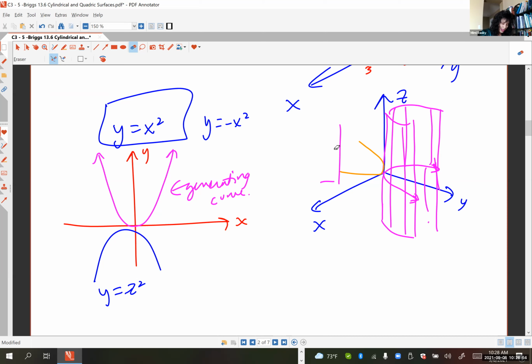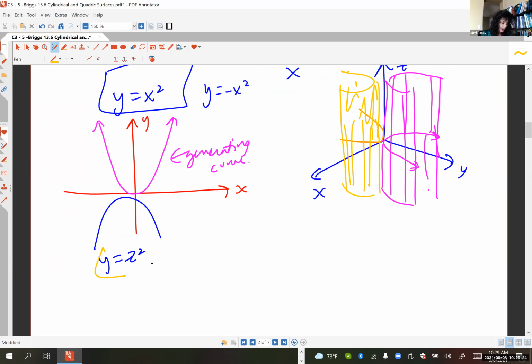So if I graph y equals negative x squared, and then I whoosh that one in the direction of the missing variable, oh boy, this is not going to go well. I don't know if you can tell what I'm doing here. Anyway, you can graph more than one surface at the same time. I don't know if that helps answer your question, but let's continue on. And if you still have more questions at the end, we'll revisit that.